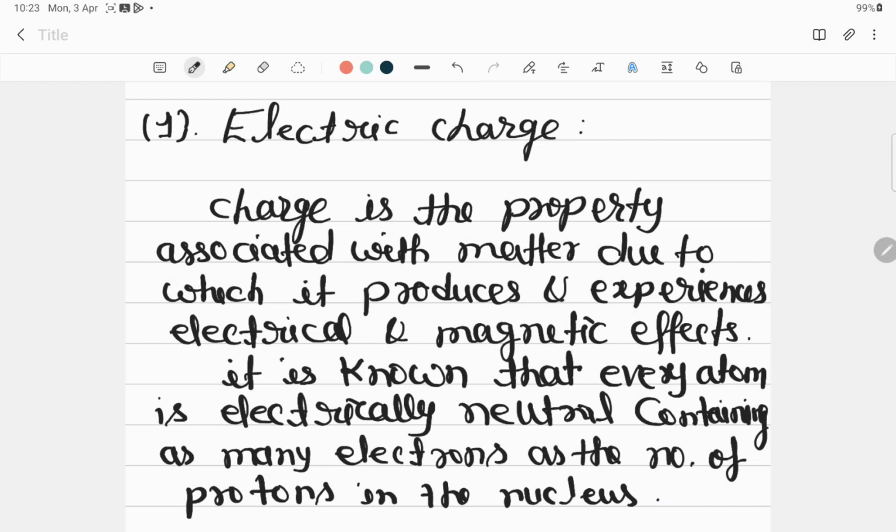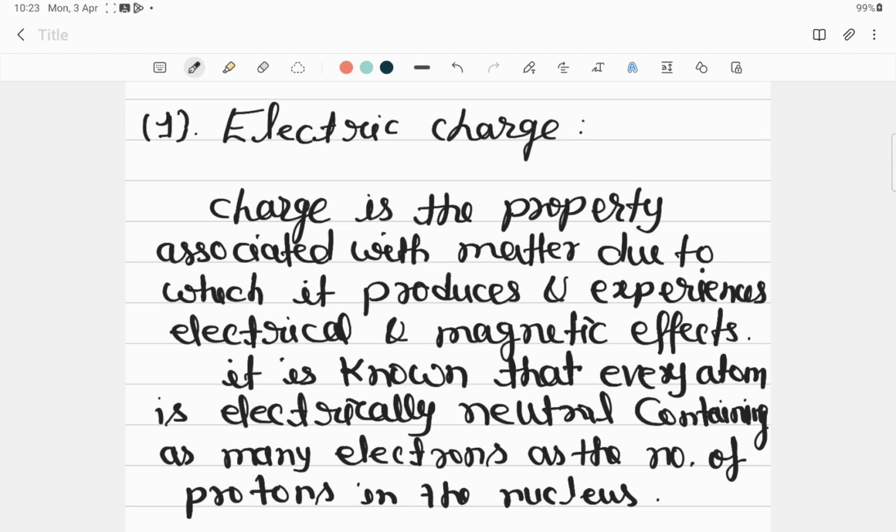It says that it is known that every atom is electrically neutral, means having equal number of electrons and protons, or having equal positive charge and equal negative charge. So the total positive charge is equal to the total negative charge. That is why atom is neutral.